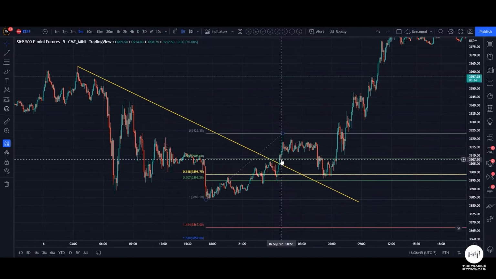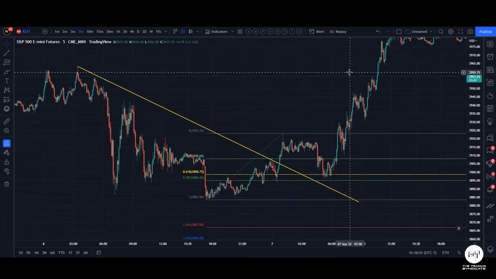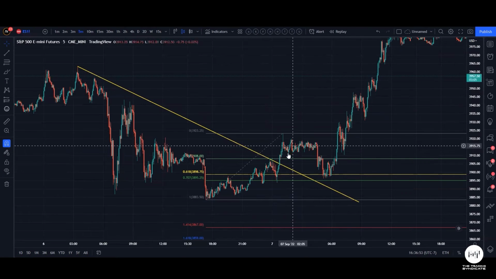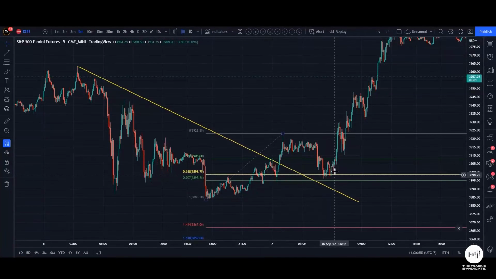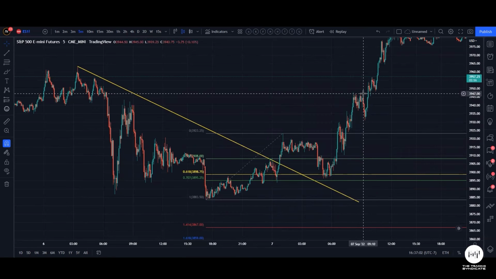Because you'll notice a lot that whenever you're looking at a trend line break, it doesn't just break through the trend line and go straight directly up. Typically, what does happen is it breaks through the trend line, consolidates for a little bit, and then pulls back to around this 0.618 before seeing the full move occur.